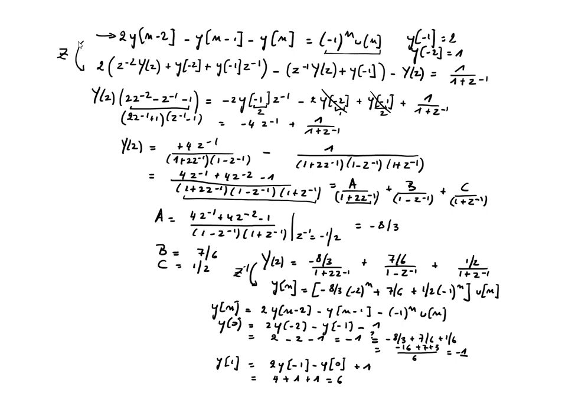So is this correct? Well, we have, I'd say plus now, 16/3 plus 7/6 minus a half, and if you put that under the same denominator, we have 32 plus 7 minus 3 over 6.